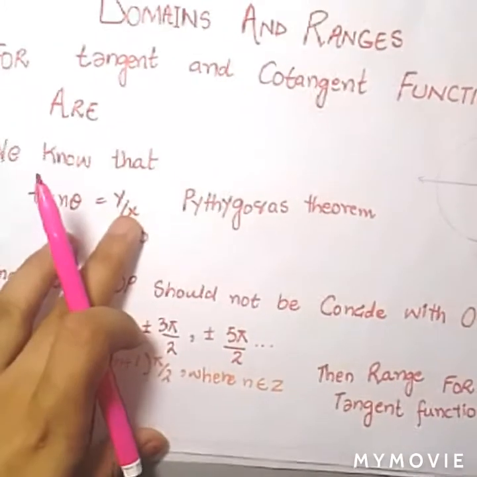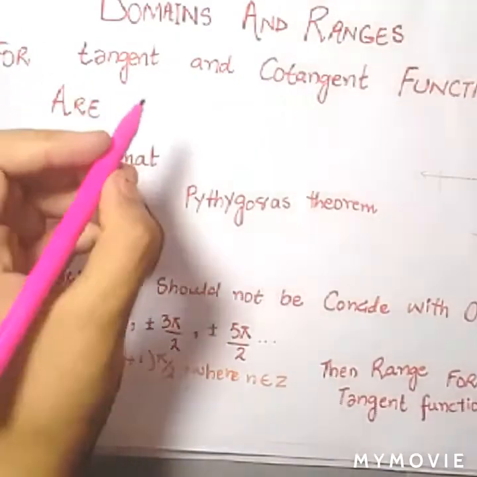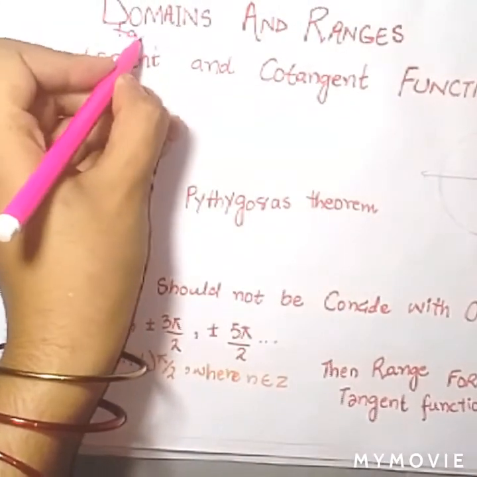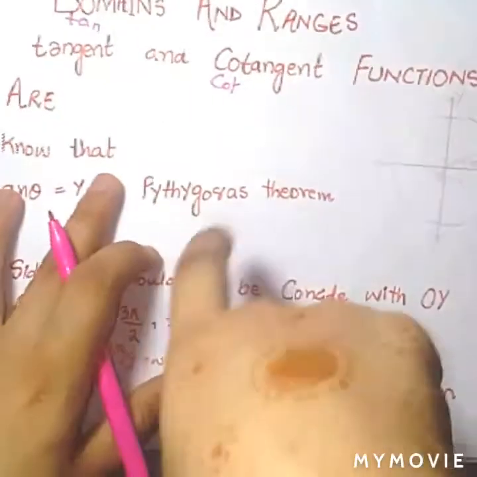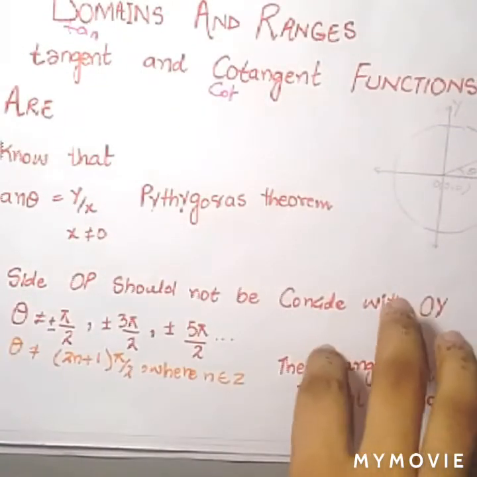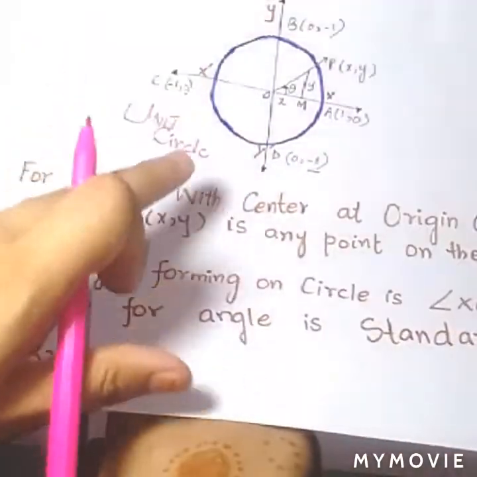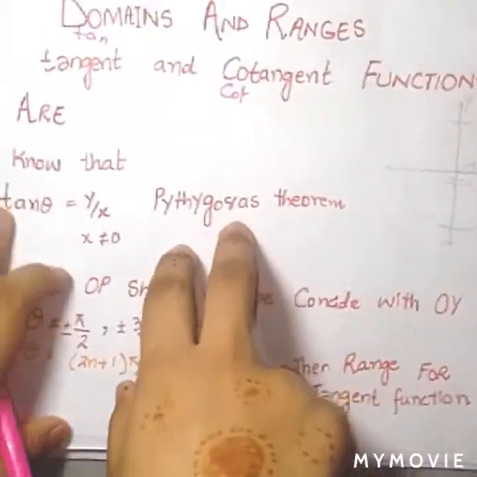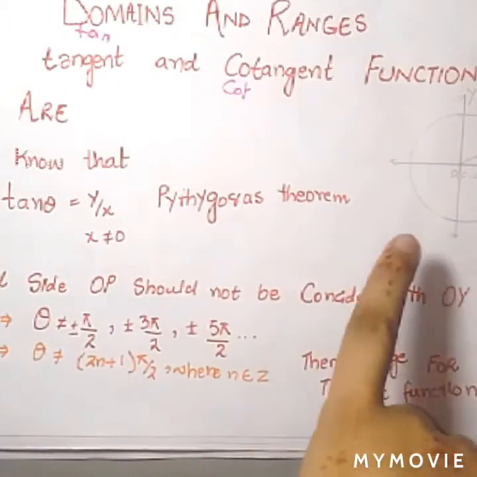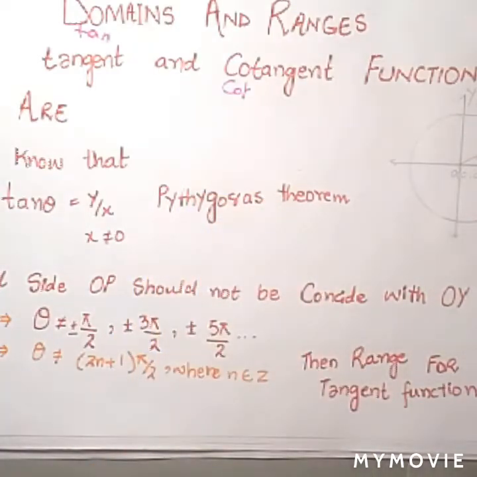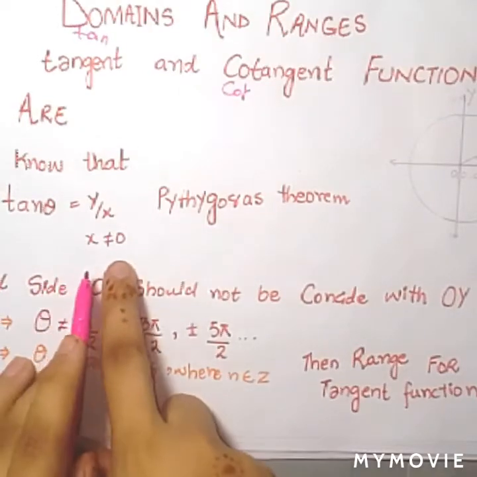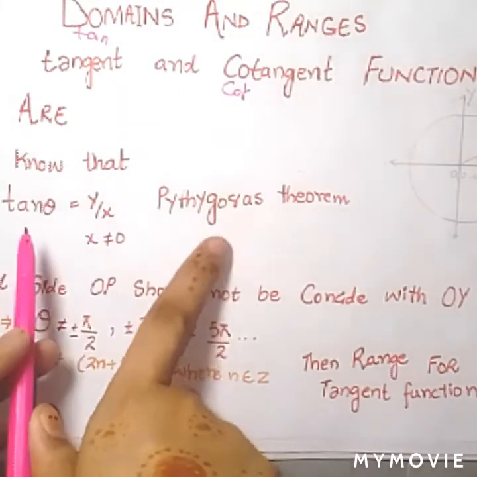Domain and range for the tangent and cotangent functions. Tangent is tan, don't confuse it, and cotangent is cot. I already made a circle with the same construction as I studied before. We know that tan theta is equal to y over x, by the Pythagoras theorem.